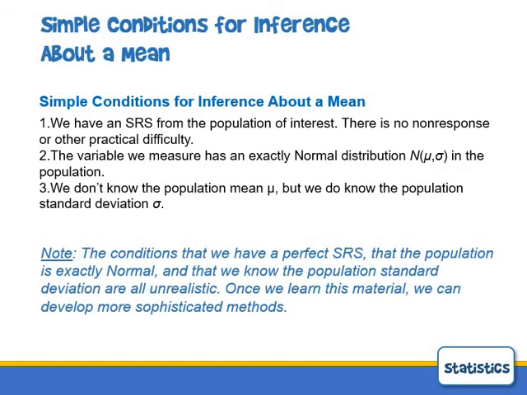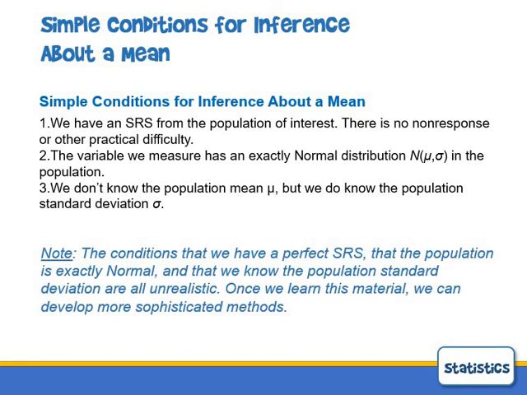There are some conditions that we need. Anytime we start doing inferential statistics, we have some assumptions that are going on that we should check here. First of all, when you do inferential statistics, you're using probability based on random sampling. Okay? So we are assuming we have a simple random sample with no nonresponse, no other practical difficulty. If we don't, then the probabilities we're assigning are not really accurate because we're basing them off of random sampling.